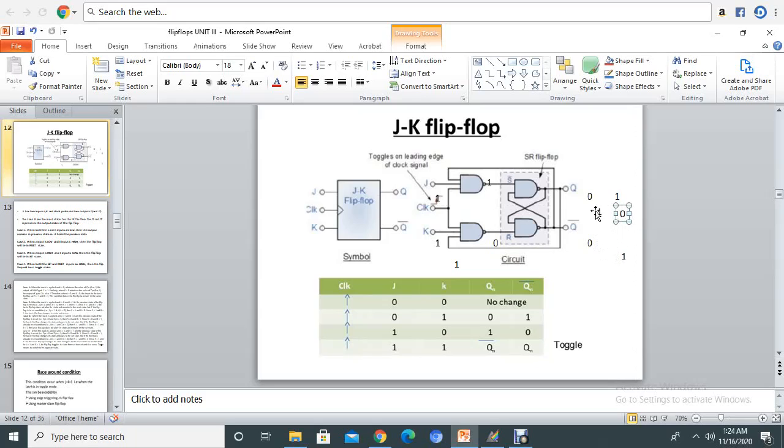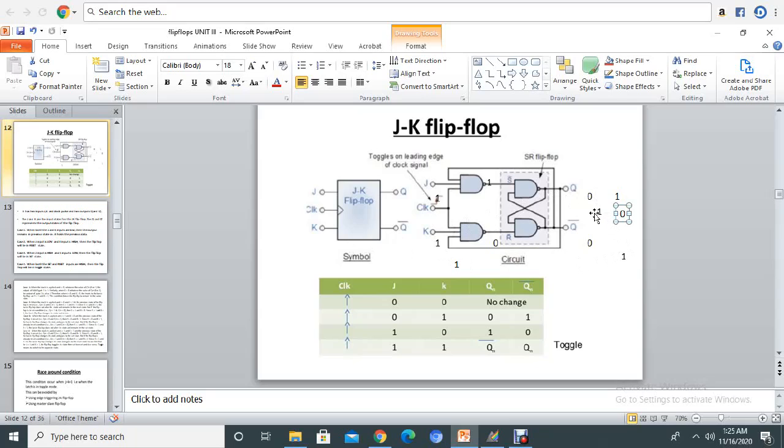Please note it here. If J is equal to 1, K is equal to 1, if 0 is there in the Q, after applying clock pulse, you will get 1. 0 is changed to 1 after applying clock pulse.